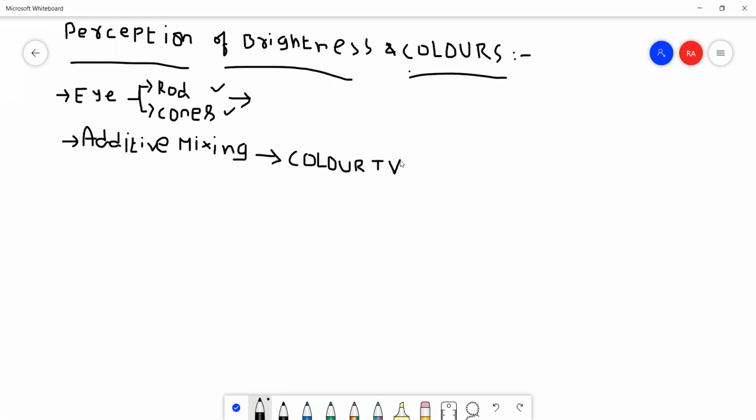So this additive mixing is similar in any other color TV, for colors other than red, green, blue. They will excite two or all three cones to generate the cumulative sensation of these colors.